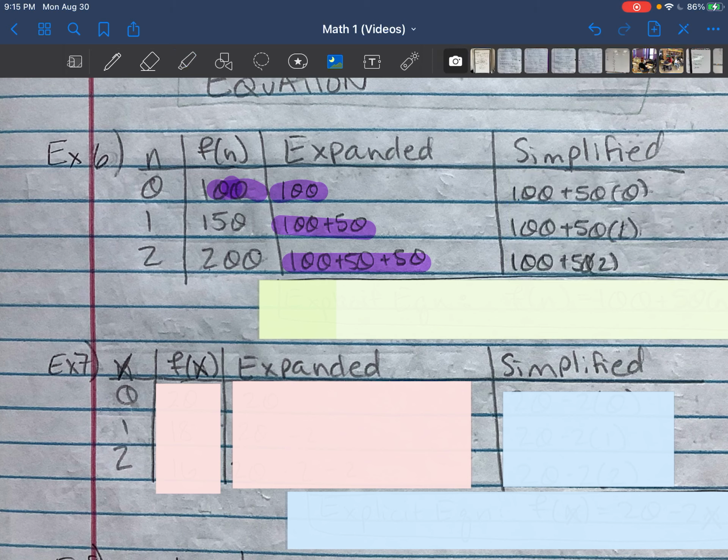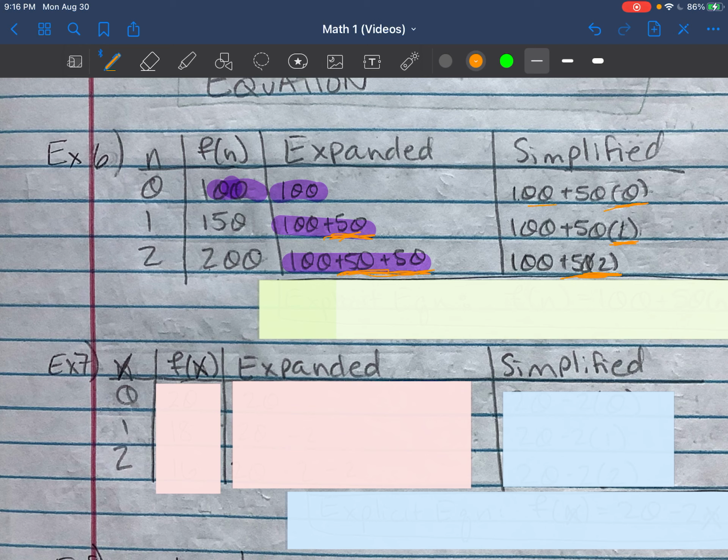And again, I always like to start at the bottom. So in this case, we had 50 twice, so we do 100 plus 50 times 2. We added 50 once here, so we'll have 100 plus 50 times 1. We added no 50s here, so we'll do 100 plus 50 times 0.